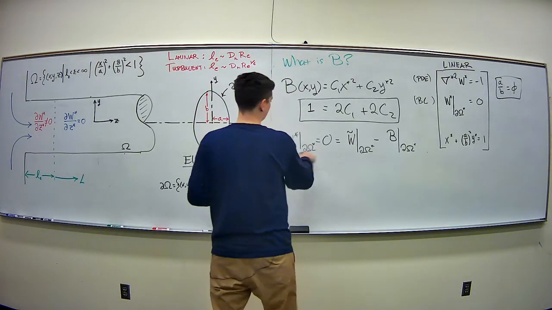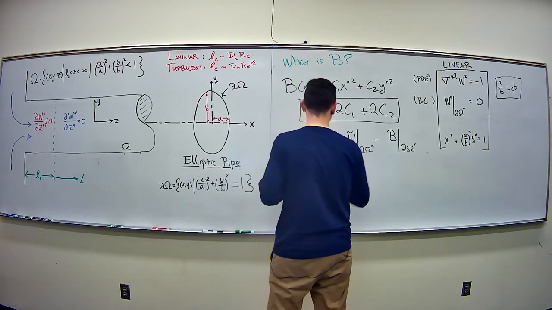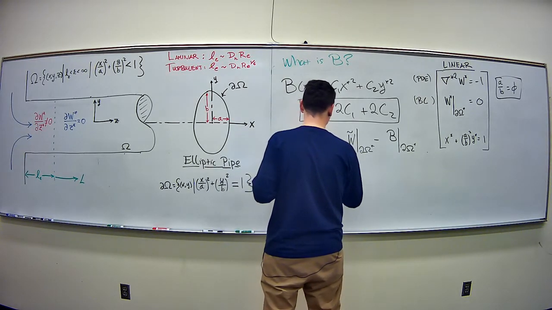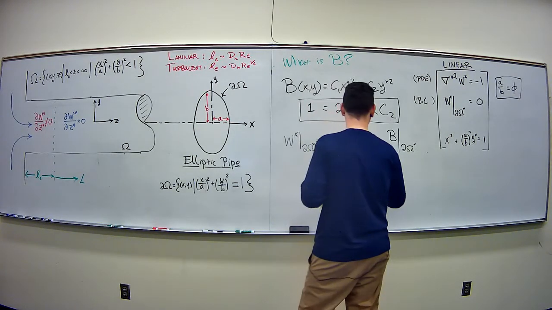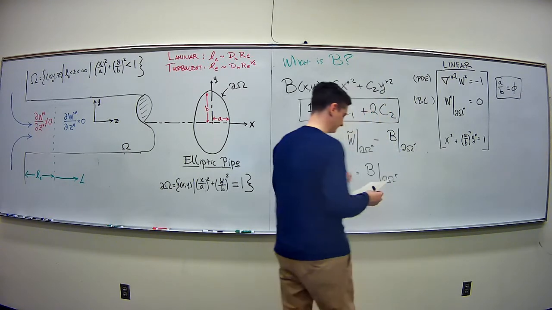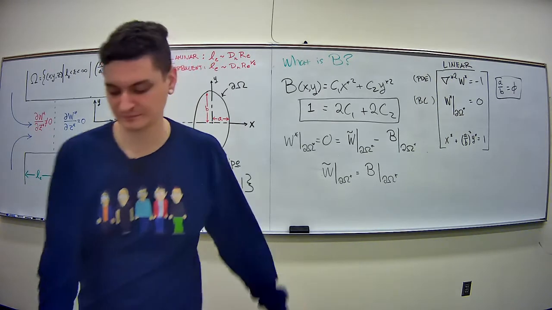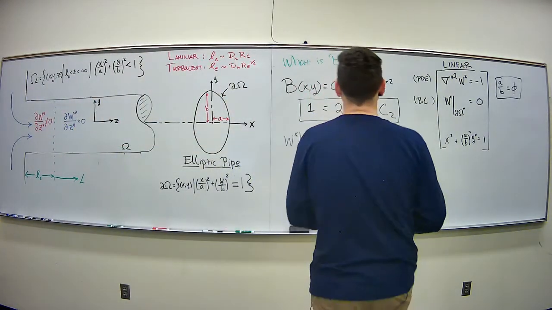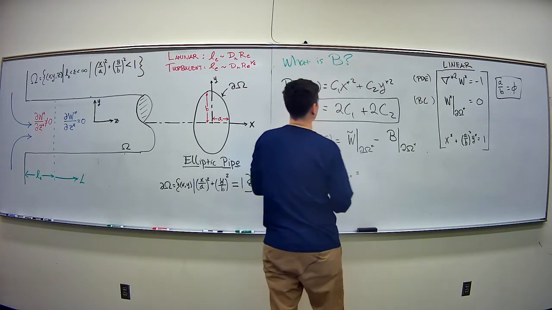All right, so this is 0, so now I have these things being 0. So I move one to the other side. And I would just have this evaluated on the boundary. We'll just use the b value right here.